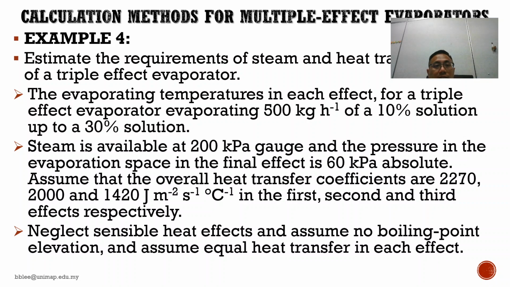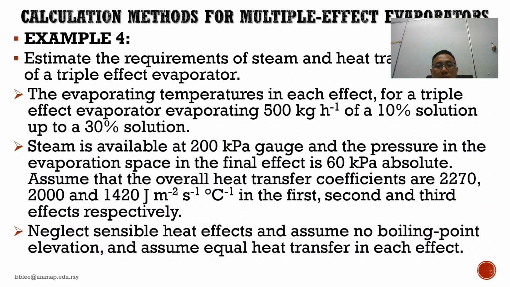Let's start with example 4. Estimate the requirements of steam and heat transfer surface of a triple effect evaporator, and the evaporating temperatures in each effect, for a triple effect evaporator evaporating 500 kg per hour of a 10% solution up to 30% solution. Steam is available at 200 kilopascal gauge and the pressure in the evaporation space in the final effect is 60 kilopascal absolute.